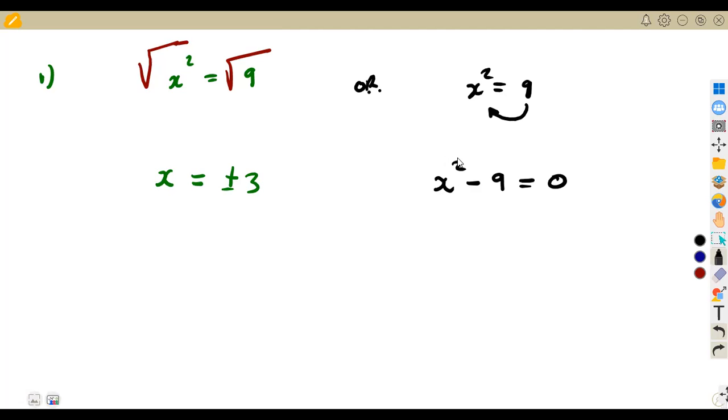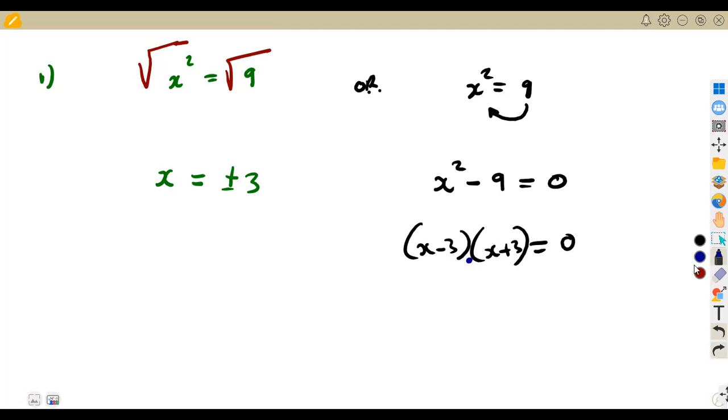You can see that the x squared is a perfect square, and this 9 is a perfect square. So you're supposed to have two brackets for our difference of two squares: x, the square root of x squared, and the square root of 9, which is 3. One of the brackets subtracts, the other one adds. And this gives us 0. So we're now back to the 0 concept, because there are two brackets multiplying each other equal to 0.